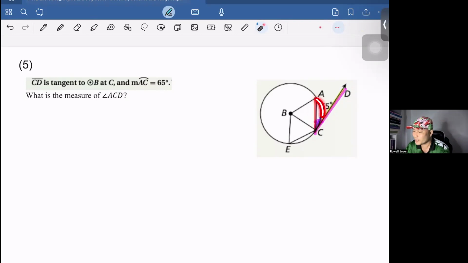So whatever is the measure of the intercepted arc, you just divide it by 2 or multiply by 1/2. Because the measure of our intercepted arc AC is 65, you just divide it by 2.